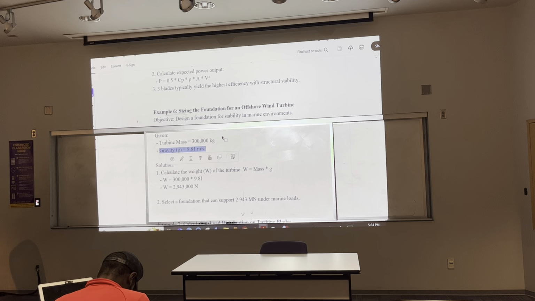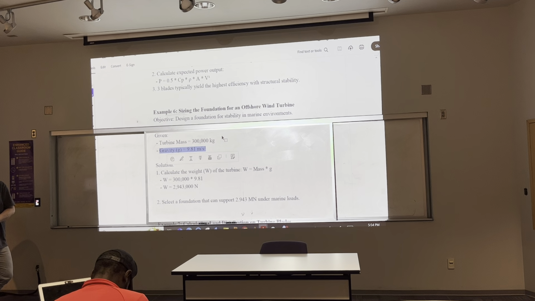You can assume 10, because maybe it's not given. These are design examples, and as a designer you should know this standard: air density 1.225, and the wind speed 12 standard.